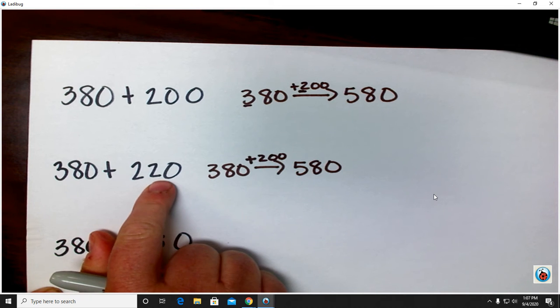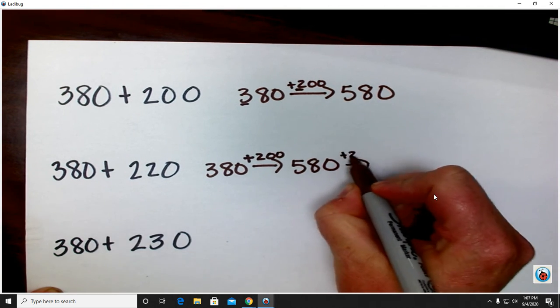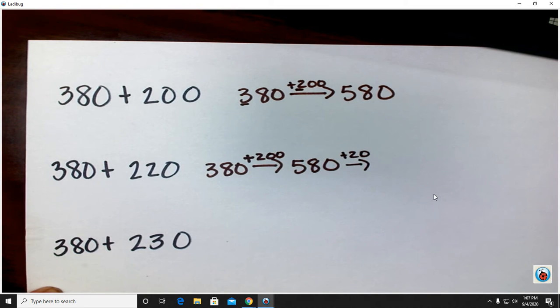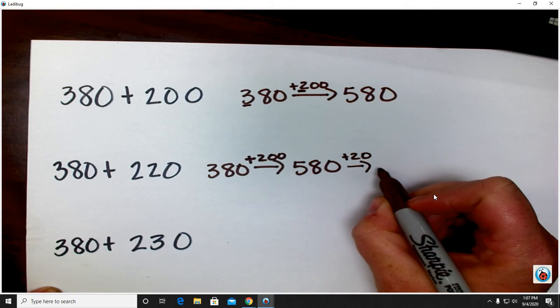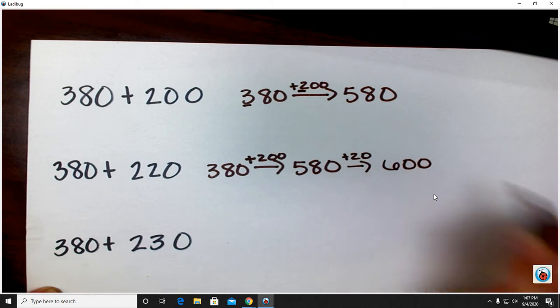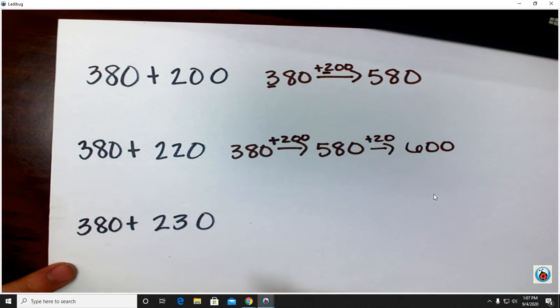So you can either break that 20 into two tens, or you can make a jump of plus 20, whichever one you feel the most comfortable with. So I just went on and made a jump of plus 20, and I know that is 600 because it gives me a new 100.